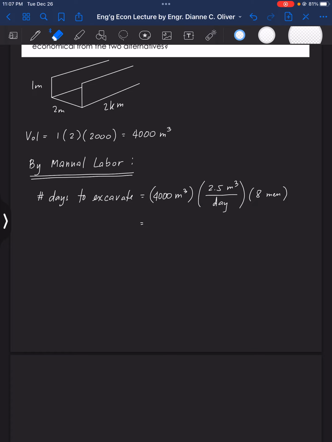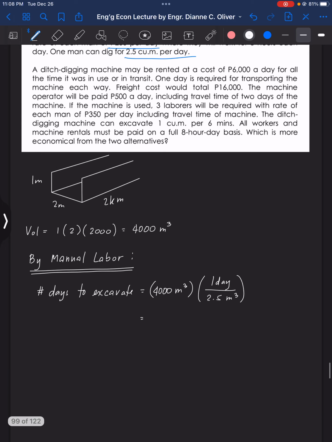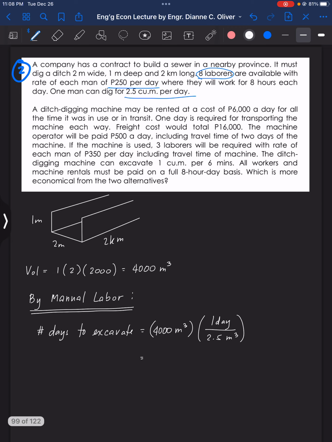It should be in 1 day, that is 2.5 cubic meters. And then 1 man can dig for 2.5 cubic meters per day.